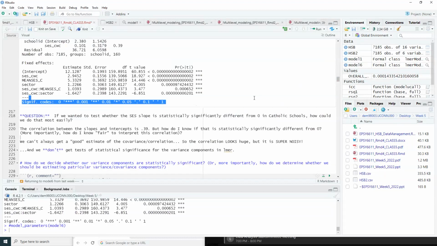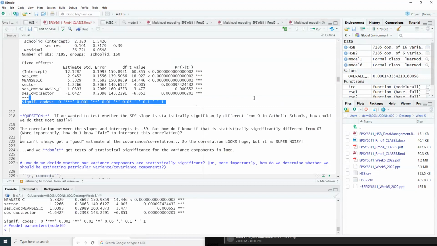More important for today's lecture: I can see that the correlation between the randomly varying slopes and intercepts is 0.39. But I don't know if that correlation is statistically significantly different from 0. It's tempting to eyeball it and say that if it's really big, it must be significant, but that's not fair, because these covariance components are often not very precisely estimated.